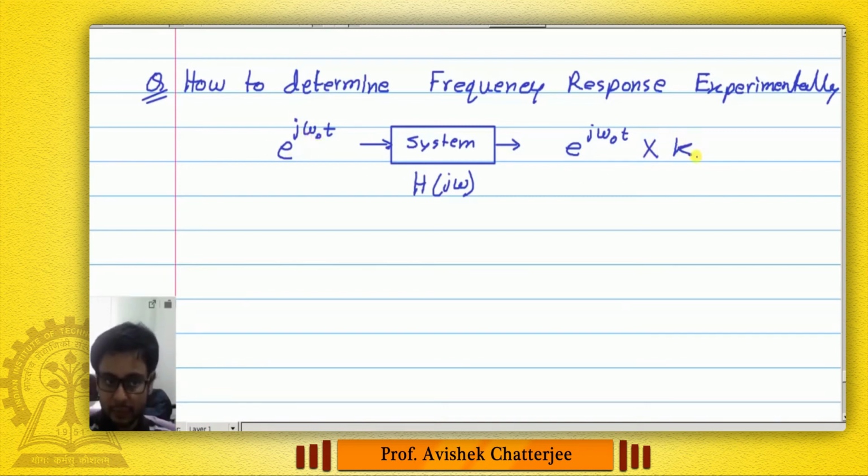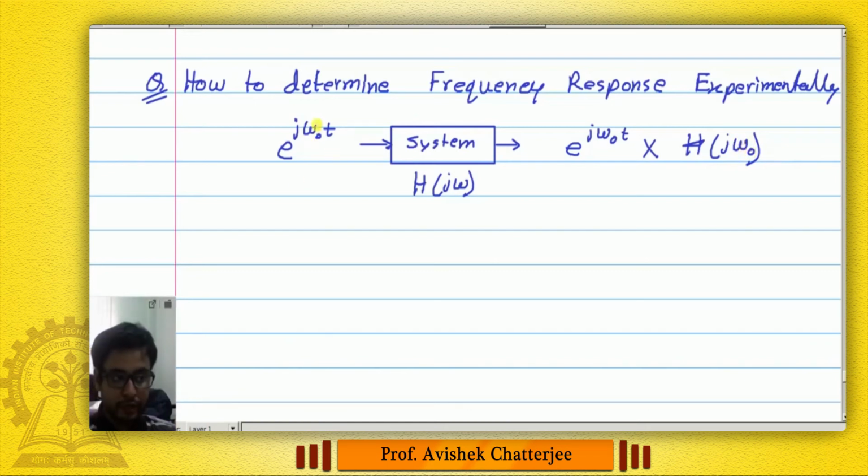And what is this something? This something is nothing but H(jω₀), that is the value of the Fourier transform of the impulse response at the frequency ω₀.